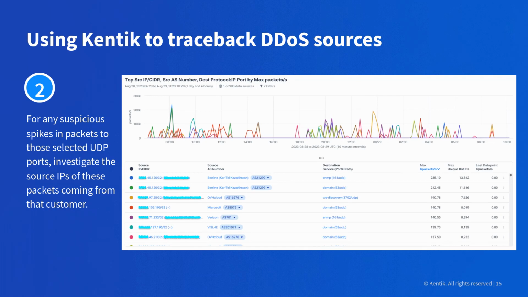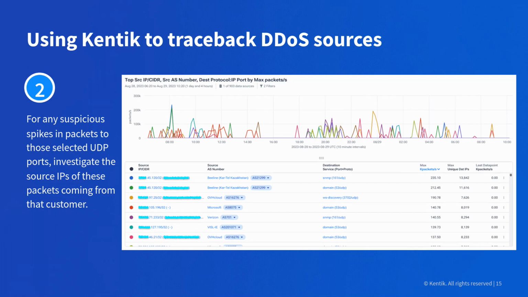In this case, you see it's SNMP, domain, WS discovery, and these are all very commonly abused amplification and reflection ports. And the key here you're going to look for is: do these IPs make sense for this customer in this location? You can see here, for example, I think this particular customer I was investigating was a web hosting provider somewhere in, I think, Georgia, right?